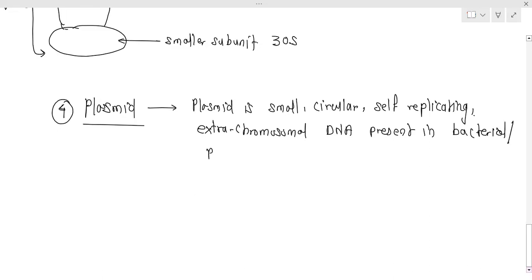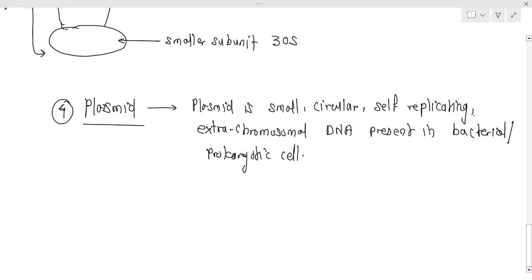We also call it a prokaryotic cell. Every term is important. See how I define plasmid? Plasmid is a small, circular, self-replicating, extra chromosomal DNA.